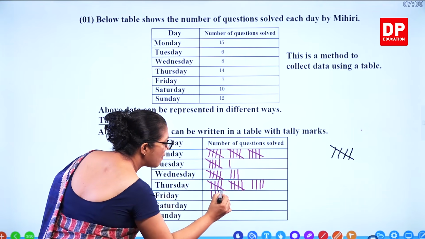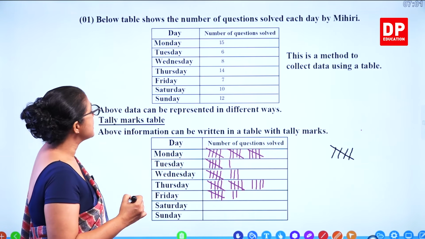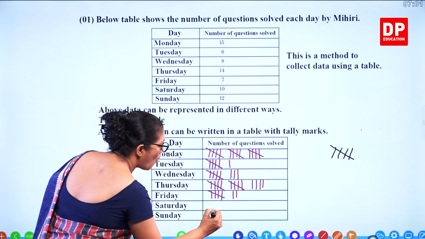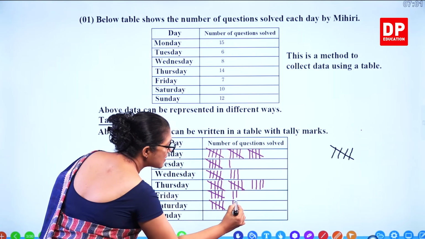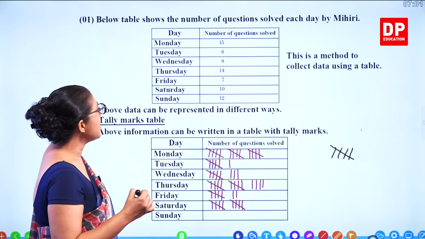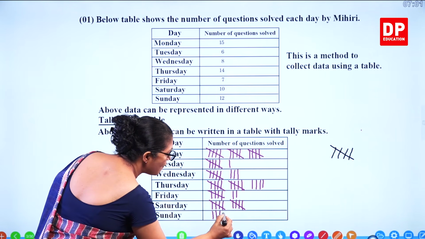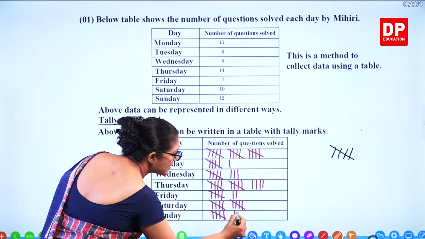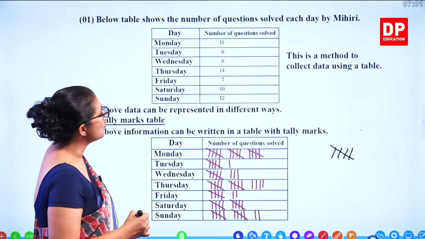Saturday, 10. And Sunday, 12. So 12 questions she tried.